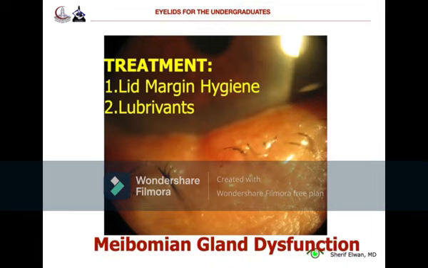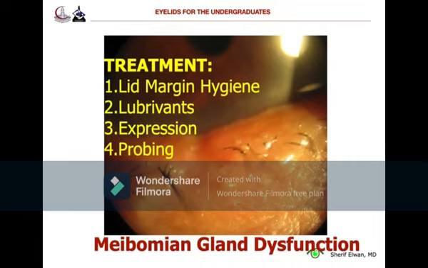Lubricants are very important as this replaces the process of dry eye, and expression of the secretions, the inspissated secretions of the meibomian glands, is very important for the ducts to open and for the secretions to flow.